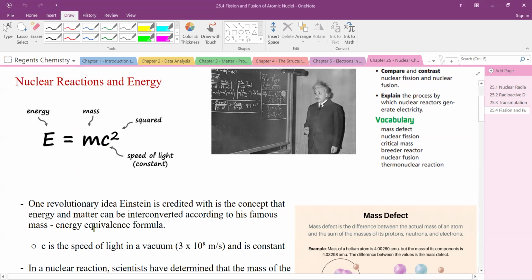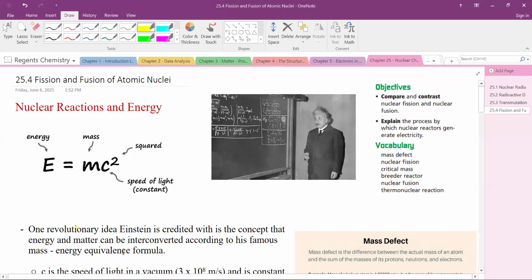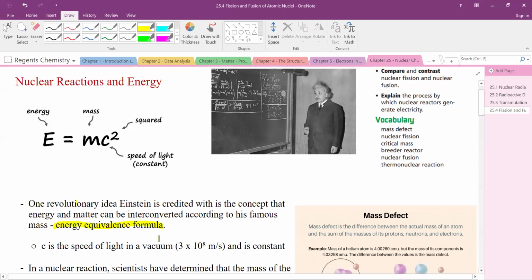This is called the energy equivalence formula. And what this postulates is that energy can actually be converted into mass, and mass can be converted into energy, which is interesting.